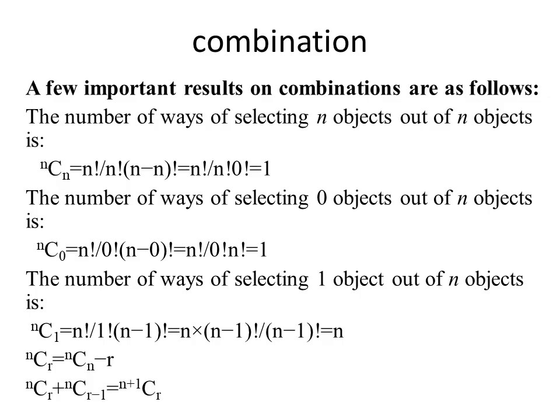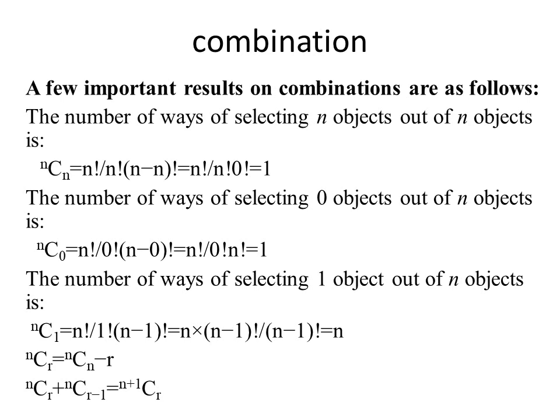A few important results on combination are as follows. The number of ways of selecting n objects out of n objects is nCn, that is n factorial over n factorial into n minus n factorial, that is n factorial by n factorial into 0 factorial, that is equal to 1. The number of ways of selecting 0 objects out of n objects is nC0, that is n factorial over 0 factorial into n minus 0 factorial, that is equal to n factorial by 0 factorial into n factorial, that is 1.